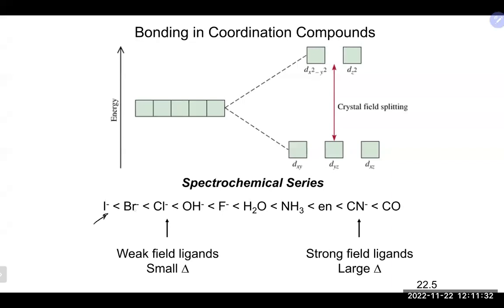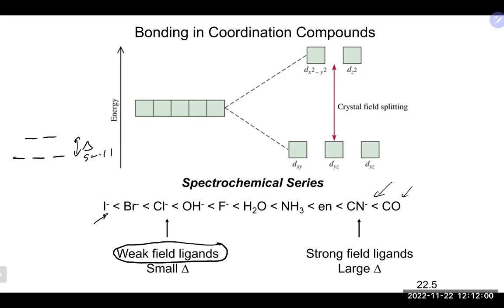So we have I minus, Br minus, and on the other end, CN minus, CO. The ones to the left here are what are referred to as weak field ligands. That means that if you have any of those ligands present, the split between the lower d orbitals and the higher d orbitals will not be very large. So that delta will be small.